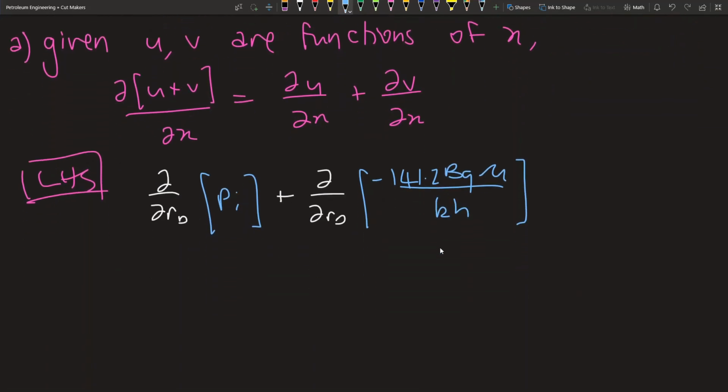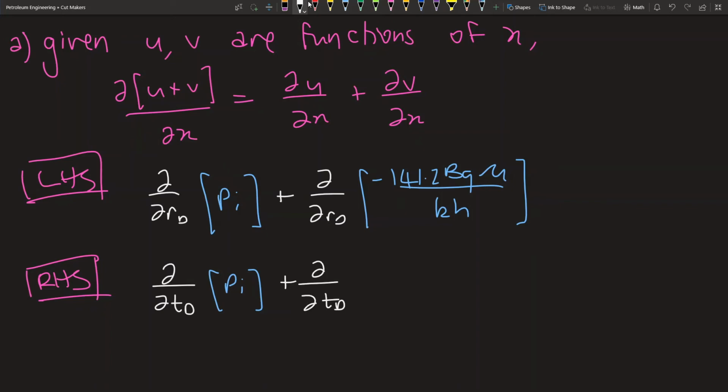Alright, so now we can also do the same for the right hand side. And this will just give us dou over dou t sub d of P sub I plus dou over dou t sub d of minus 141.2 BQ mu over KH.